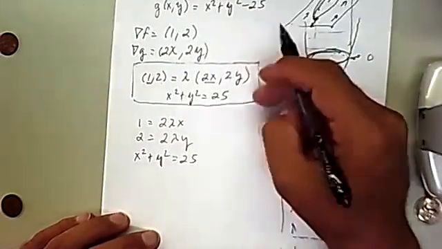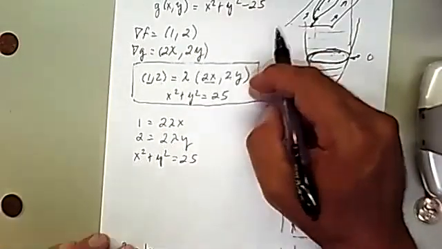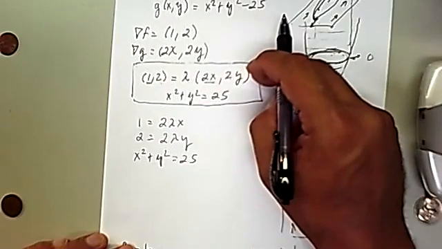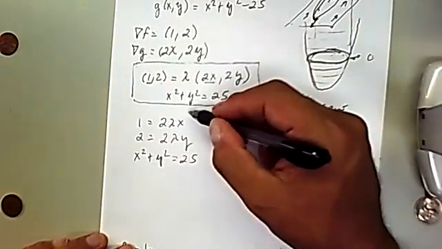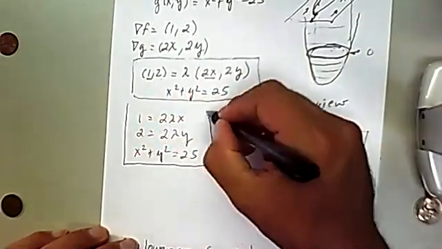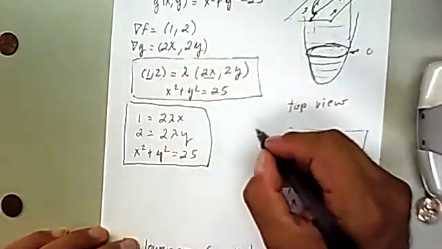So initially, when we compare the vectors, we have only 2 equations. But then when we break down the equations into components, we end up, in this case, with 3 equations. So this is the system of equations we are about to solve.